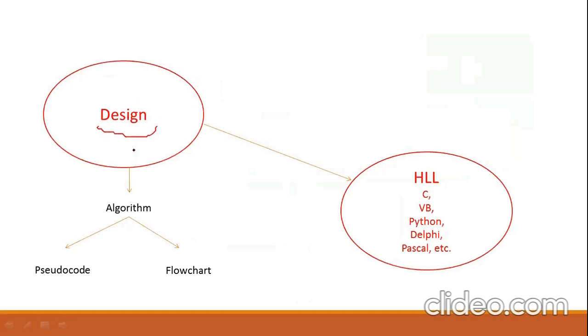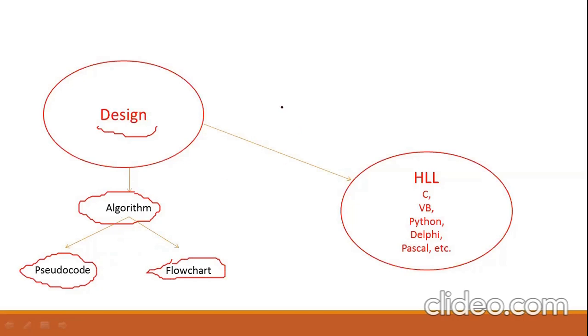And to express the design, there are so many techniques and tools available, but the most important one is algorithm. So at this stage, what we have got to understand and learn is algorithm. And this algorithm can be expressed either in fake code, which we also call pseudocode, or the graphical representation, which we also call flowchart.